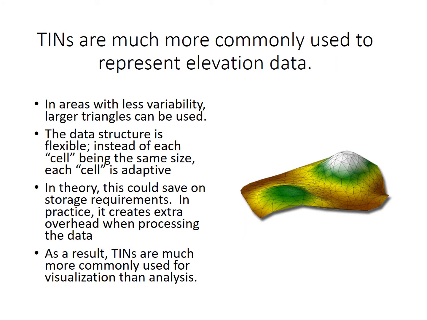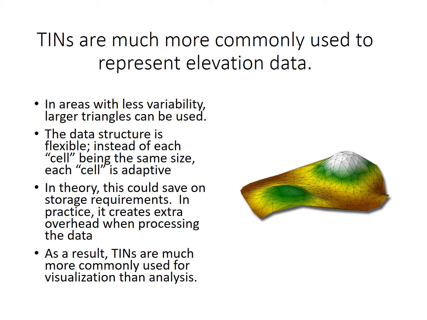Typically, what you would use a tin for is to represent elevation data, and we'll talk in greater length about this when we talk about elevation. But the idea here is that we want to create a vector data structure to describe things like elevation, and we know that in many places elevation doesn't change that much.